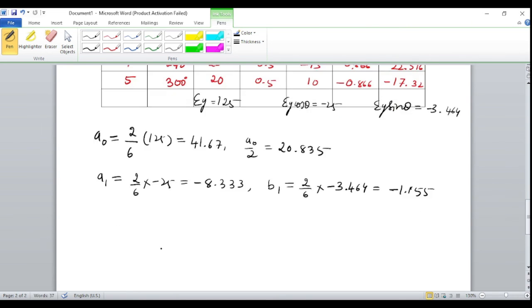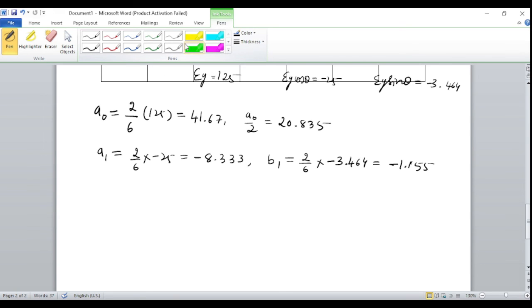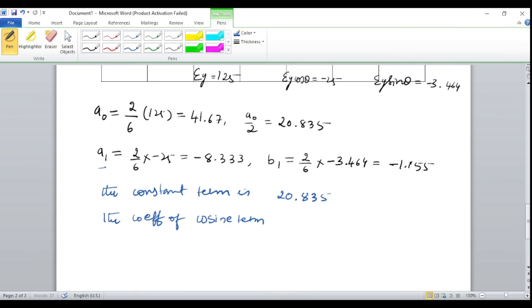So finally, what is the constant term? Finally, I am going to write the constant term. The constant term is a naught by 2, which is 20.835, and the coefficient of the cosine term means a1. a1 is equal to minus 8.333.